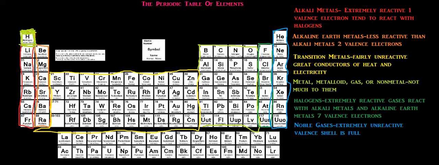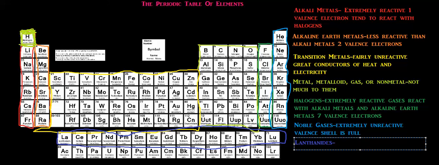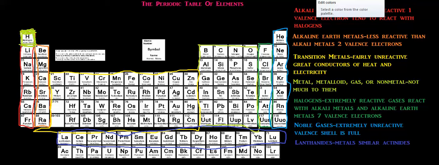Next we have our lanthanides. We're going down to this group, and I'll do them in a dark blue. Lanthanides, that's really not a straight line, I'm sorry. So our lanthanides are metals. They are metals, but there's nothing much special about them because they're very similar to the actinides, and it's very hard to distinguish them. So let's do our actinides in purple.